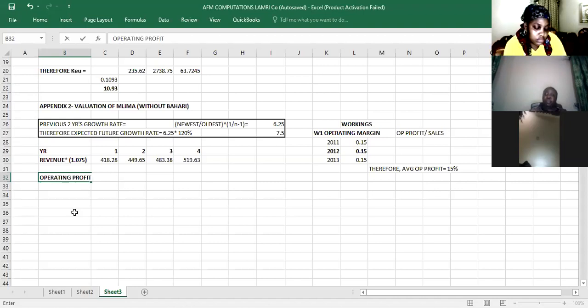So operating profit at 15%, and we can do 15% for every year.